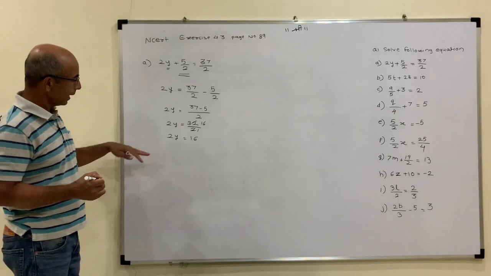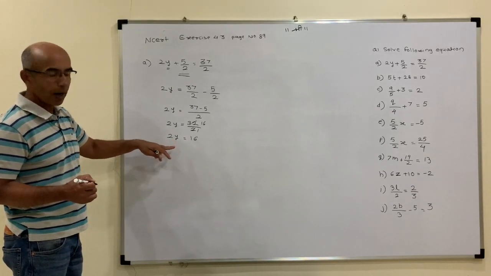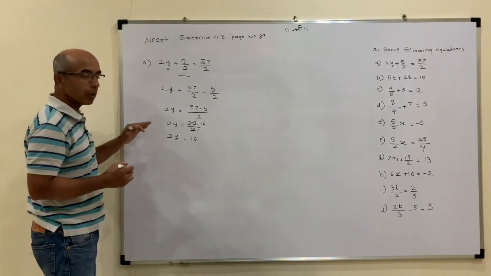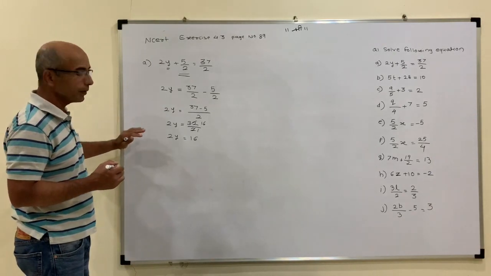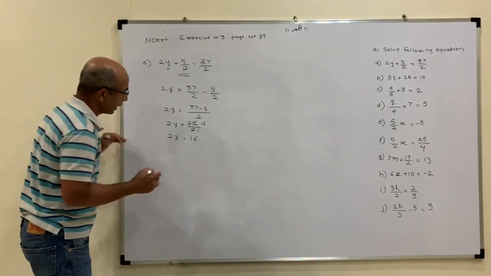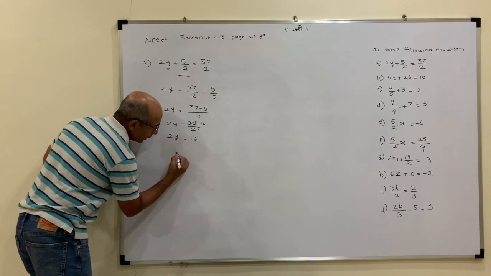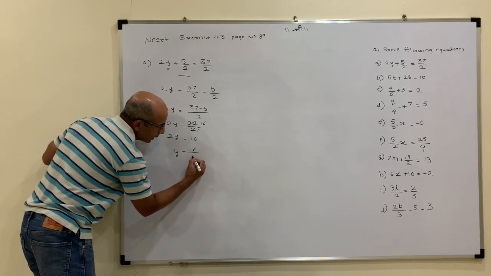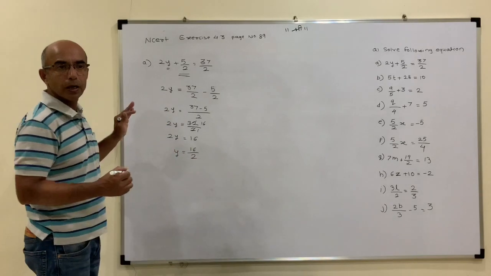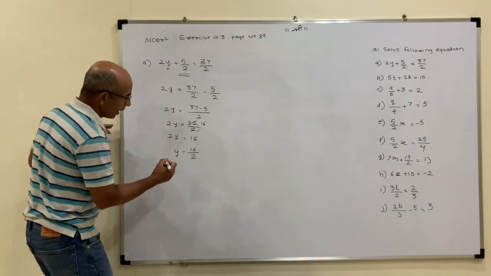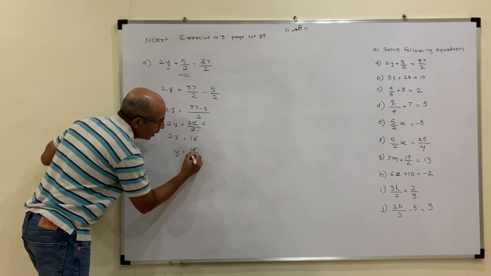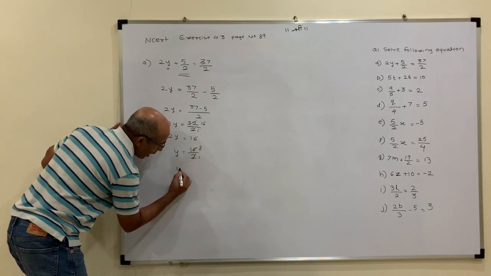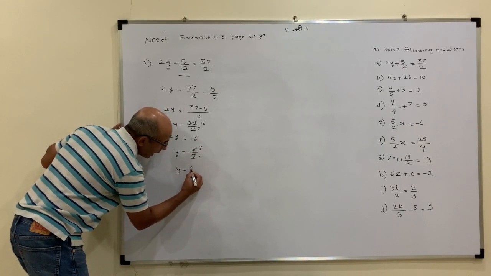So now next, to isolate y, I am going to transpose 2 from the left hand side to the right hand side. Since 2 is multiplied on the left hand side, when I transpose, it will be divided on the right hand side. So my answer will be: 2 1s are 2, 8 2s are 16. So the value of y is 8.